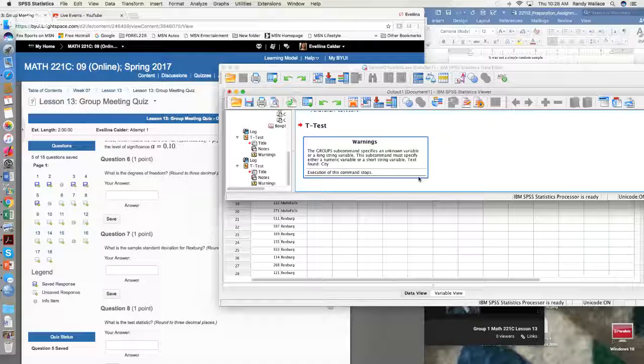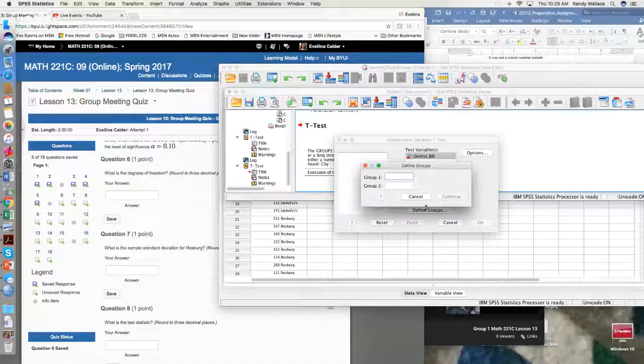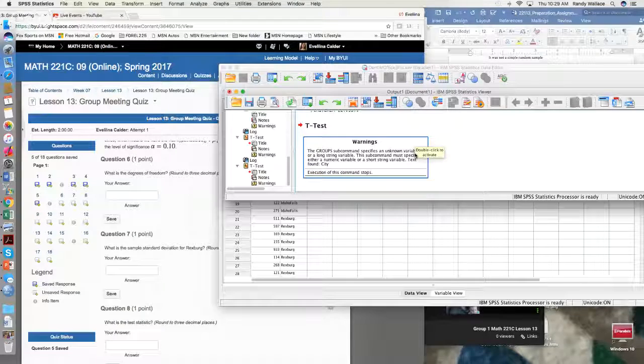Let's try the whole name. Try it one more time. Campus build, the city, define groups, Idaho Falls, Rexburg. Well, what does it want us to do?